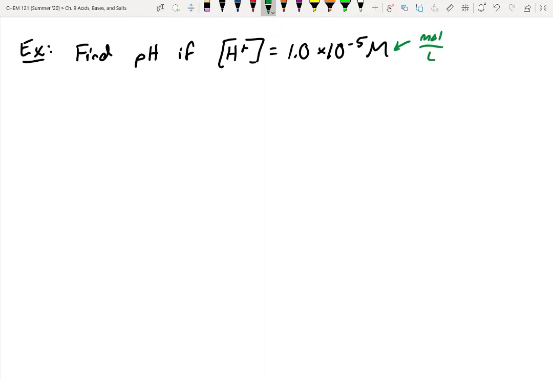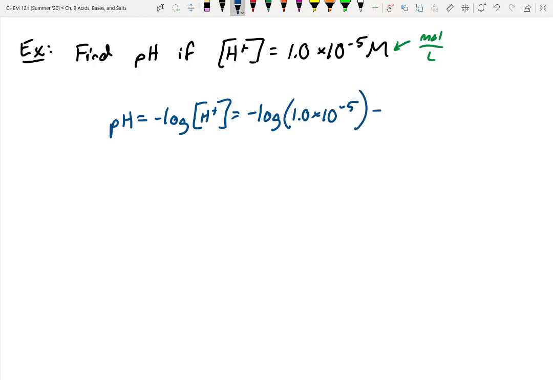That's just what it stands for. Okay, so in order to do this, we know that pH is equal to negative log of H+ concentration. So we could type this into our calculator as negative log of 1.0 times 10 to the negative fifth. And we would get an answer that is equal to 5.0, right? So not too bad.